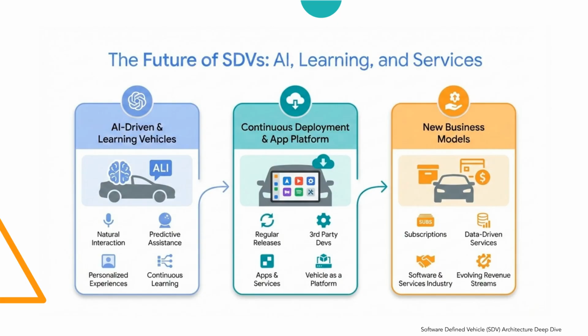This transforms the vehicle into a platform where third-party developers can build apps, services, and experiences, just like smartphones today. And this opens up entirely new business models. From subscription-based features to data-driven services, the automotive industry is no longer just about manufacturing vehicles. It is becoming a software and services industry.